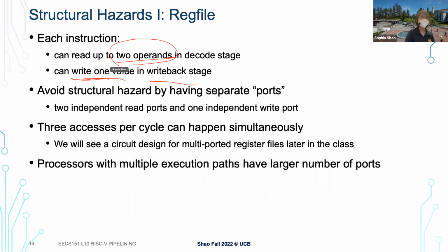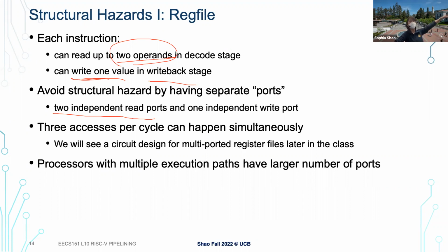The first one is that we need to read 2 operands in parallel, because we have the source 1 and source 2 registers. But with a register file that can only read 1 value per cycle, we cannot get both source operands. So that's the first structural hazard. That can easily be resolved by adding another read port.